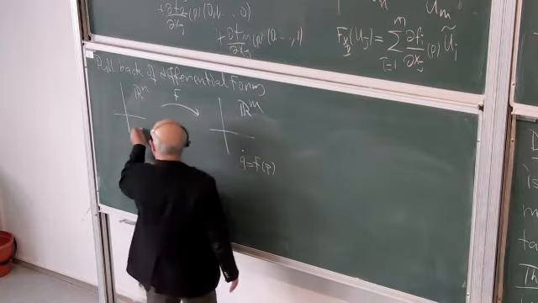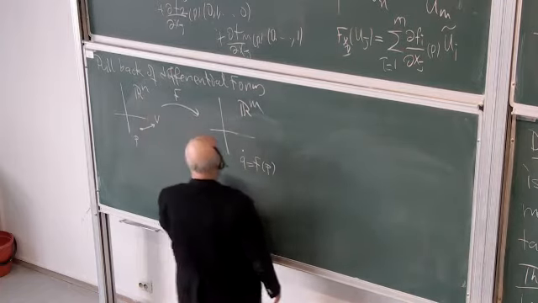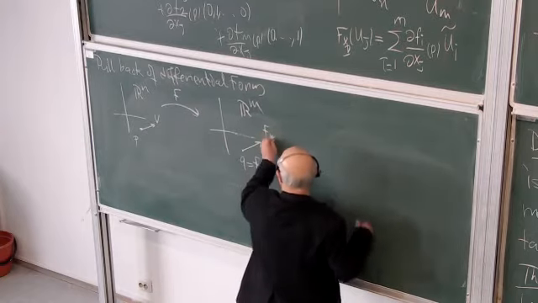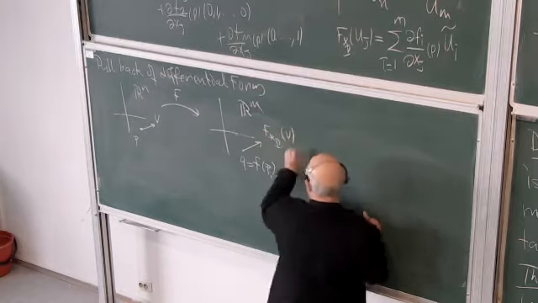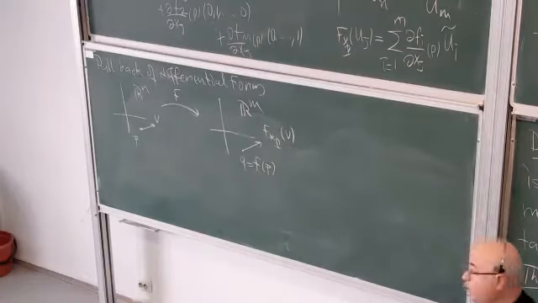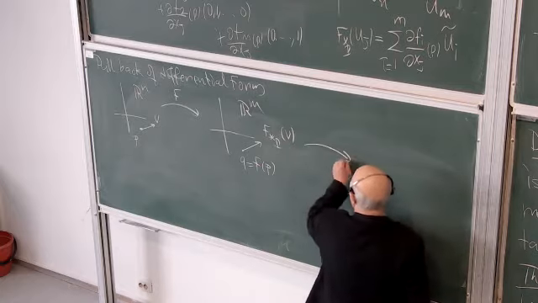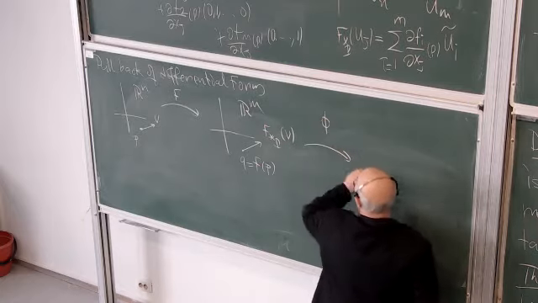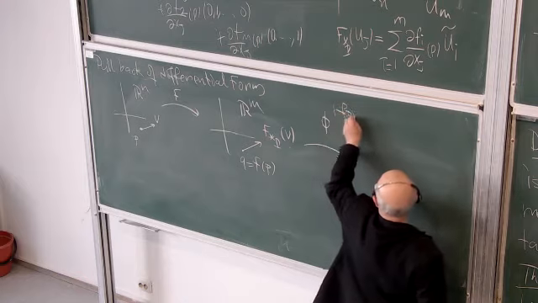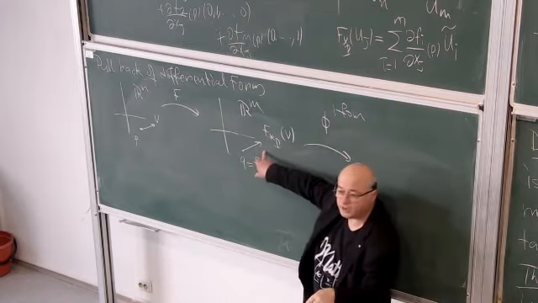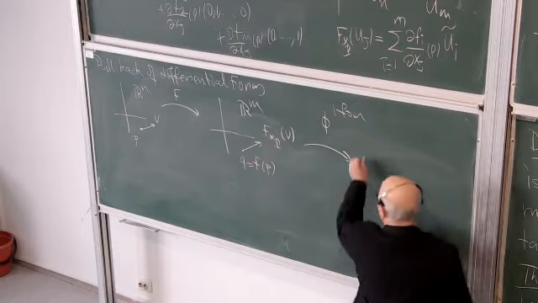And if I have a tangent vector here, then it is sent to a tangent vector here, right? This is f star p evaluated on the vector v. And now suppose I have a one form here. One form. What does a one form do? It eats vectors and gives us real numbers.